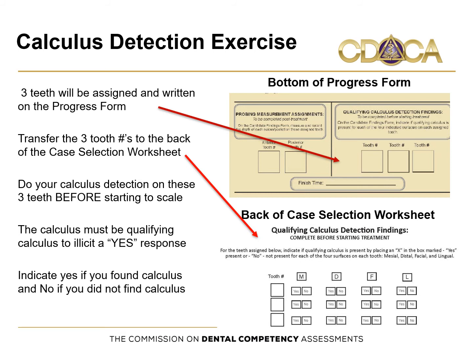When the patient returns from pre-treatment evaluation, the CFE will transfer the tooth numbers for the 3 teeth assigned into the candidate findings worksheet, which is on the back of the case selection worksheet. You are strongly advised to complete this calculus detection exercise before you start to remove any calculus in the mouth. If qualifying calculus is present on the assigned teeth, answer yes. If it is not present, answer no on the progress form for each of the 4 surfaces.